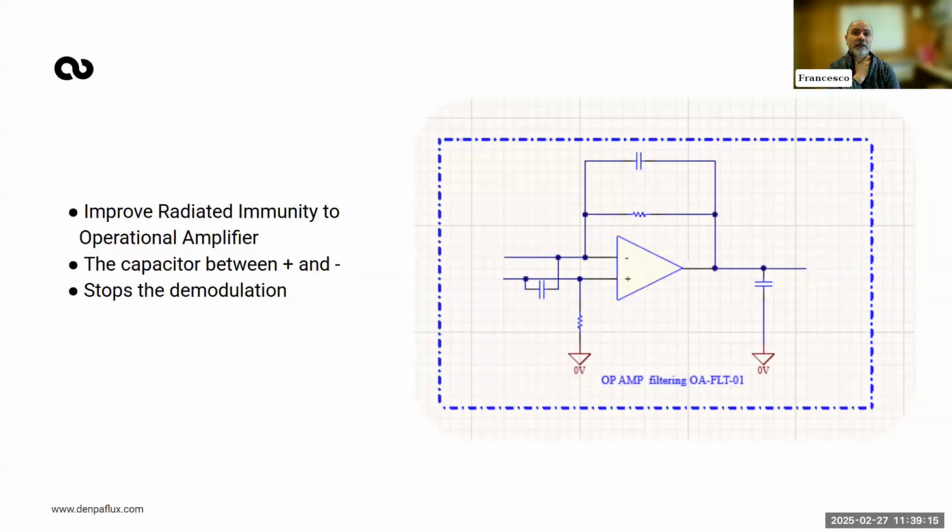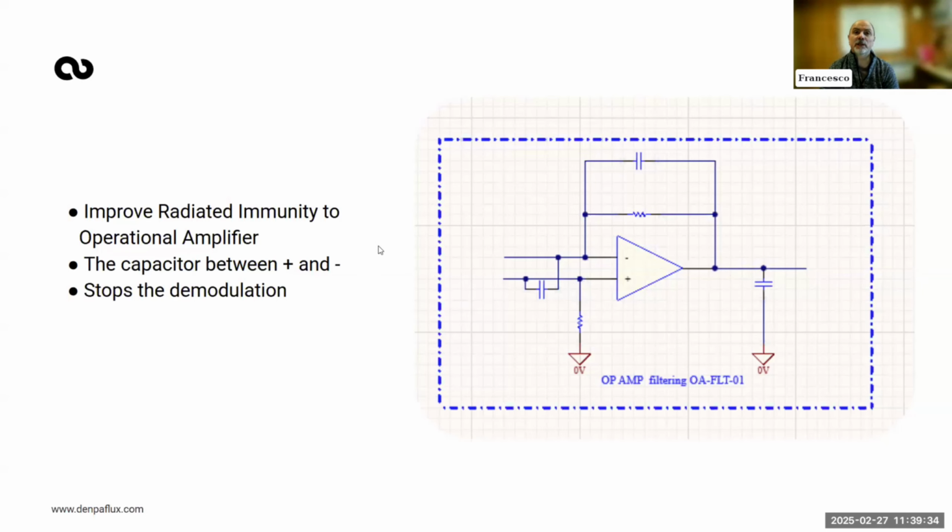Sometimes this 1 kilohertz sine wave, when it goes to the positive input especially of an operational amplifier, gets demodulated. And as a result, you have a 1 kilohertz signal at the output of your operational amplifier.